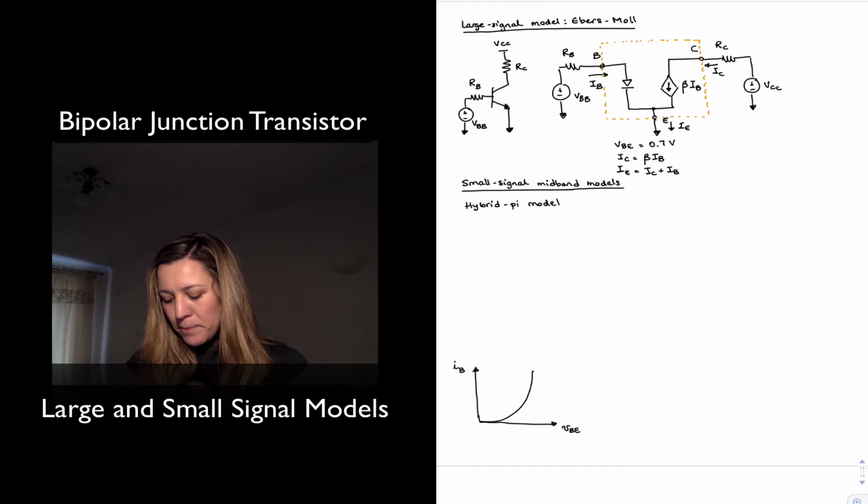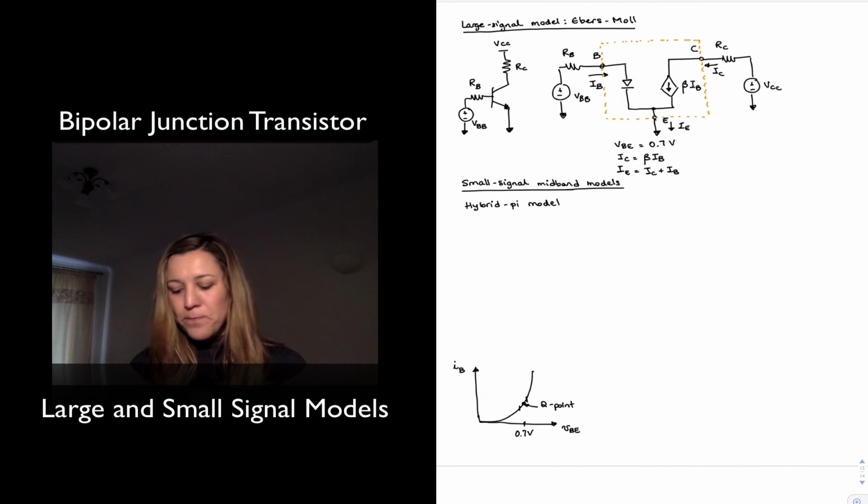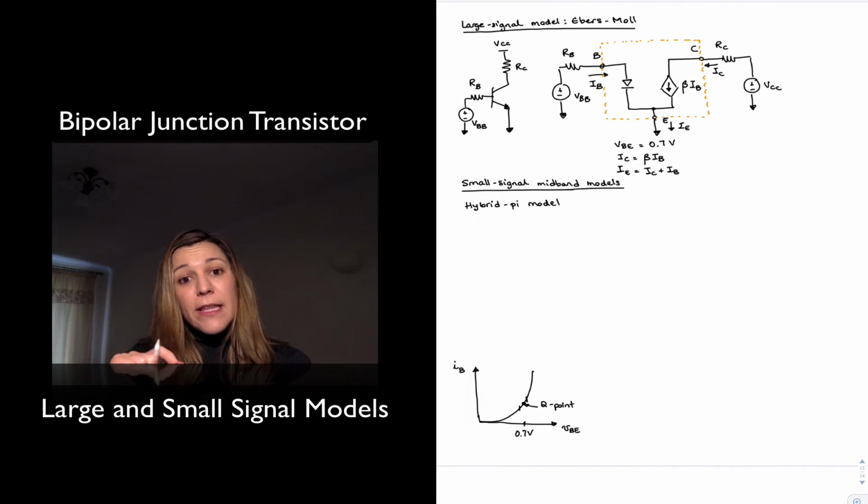And so when we are looking at the IV versus VBE within a very small range around the Q point, let's imagine this is our Q point right there. So we are in the linear region of operation where there is a 0.7 volt drop across VBE. And now we're going to apply that small AC signal, which is going to make our signals, voltage and current, move around that Q point ever so slightly, because it's a small AC signal.